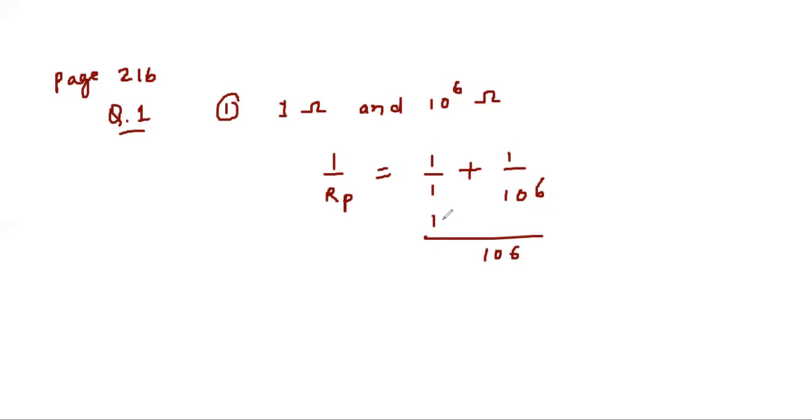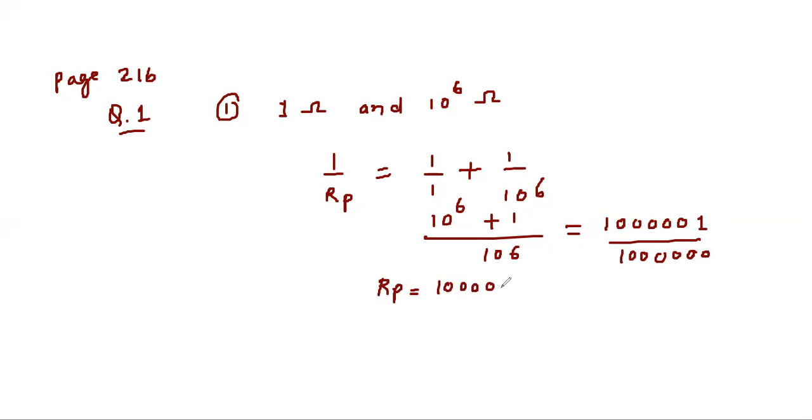So here 10 power 6 plus 1 and 10 power 6. So Rp will be 1000000 divided by 1000001, which is roughly equal to 1.